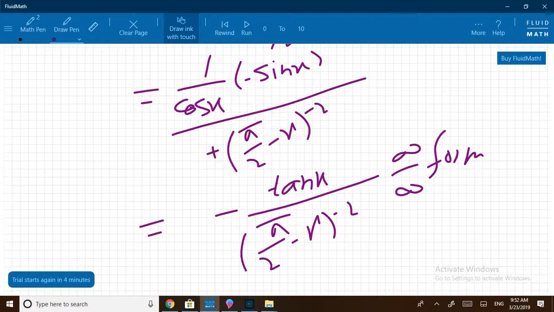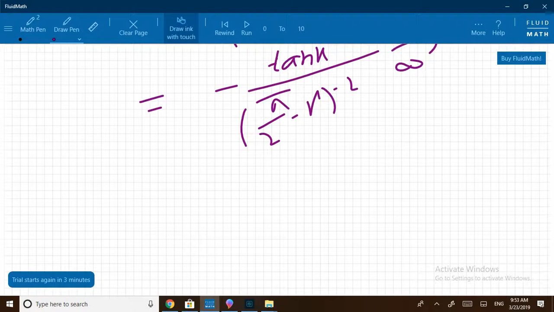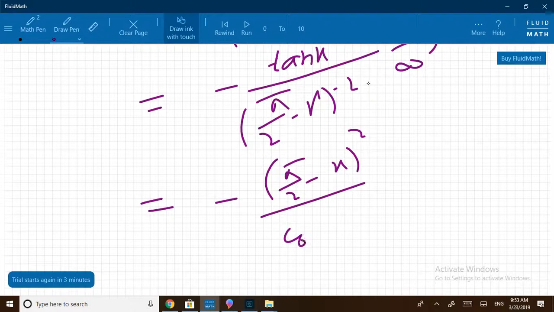So we will take the derivative. If I shift it, it is minus (pi by 2 minus x) raised to the power plus 2, and tan x, and now it is 0 divided by 0 form.